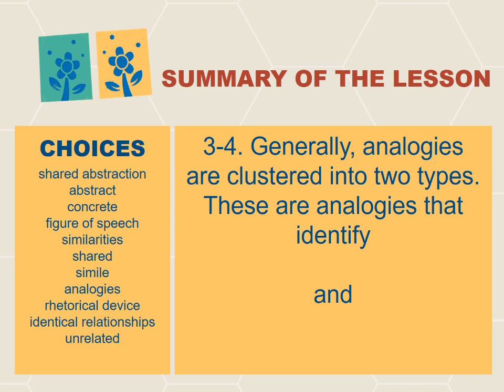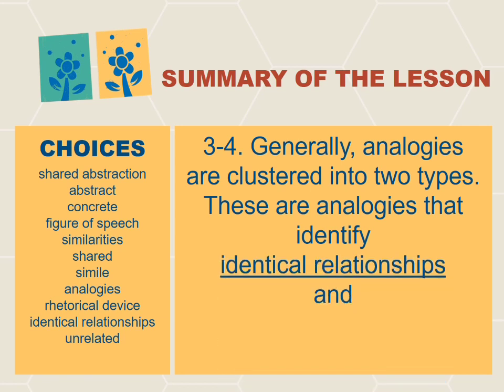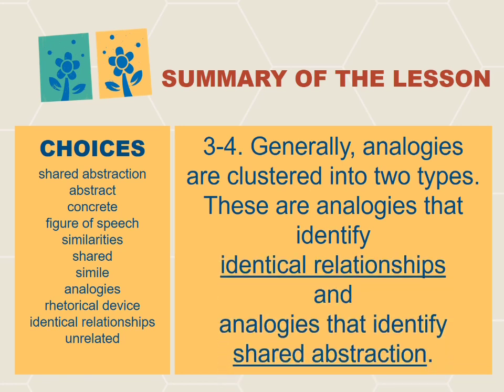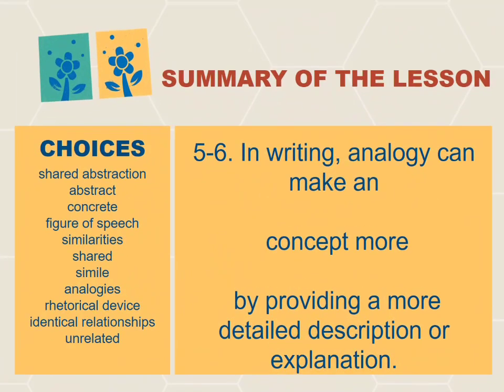These are analogies that identify identical relationships and analogies that identify shared abstraction. Numbers 5 and 6. In writing, analogy can make an abstract concept more concrete by providing a more detailed description or explanation.